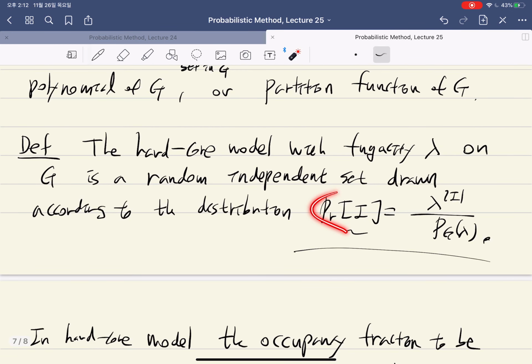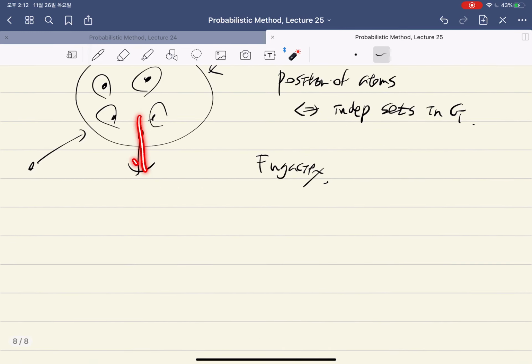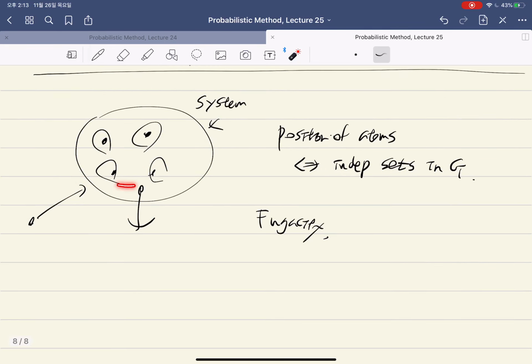But if the fugacity is small, then we tend to choose a smaller independent set. It's more likely to be chosen. Then the atoms are trying to get out, and very few atoms are coming in, so the number of atoms here is less. So that's what this fugacity is measuring.